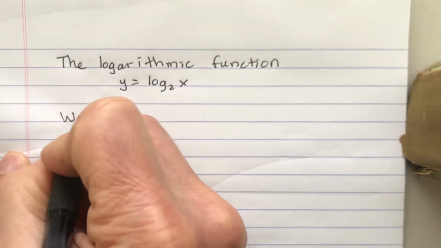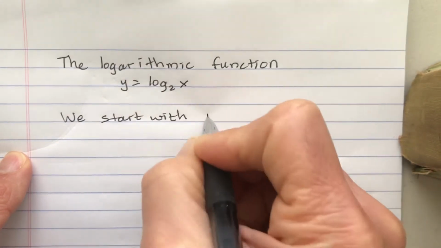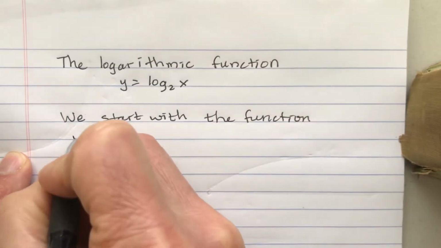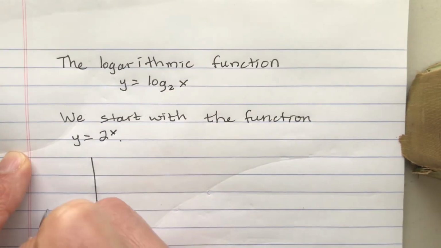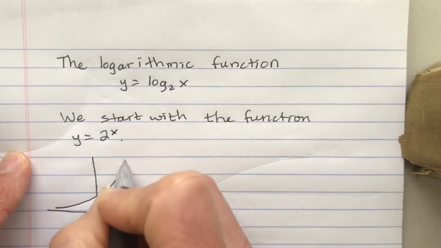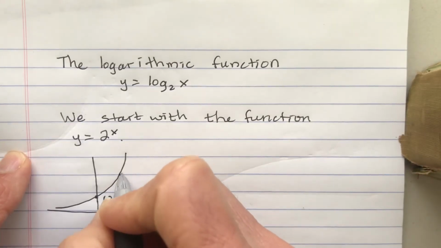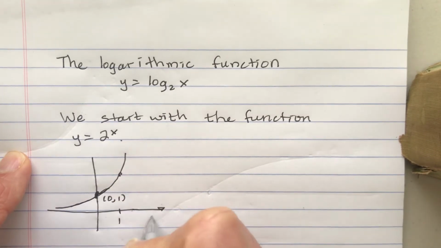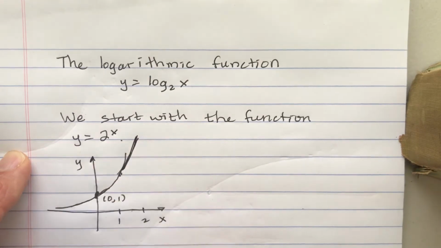We can start with the function y equals 2 to the x. We can sketch the graph of that function, and to do that, if we want, we can plot points. Okay, so roughly that's how it looks.